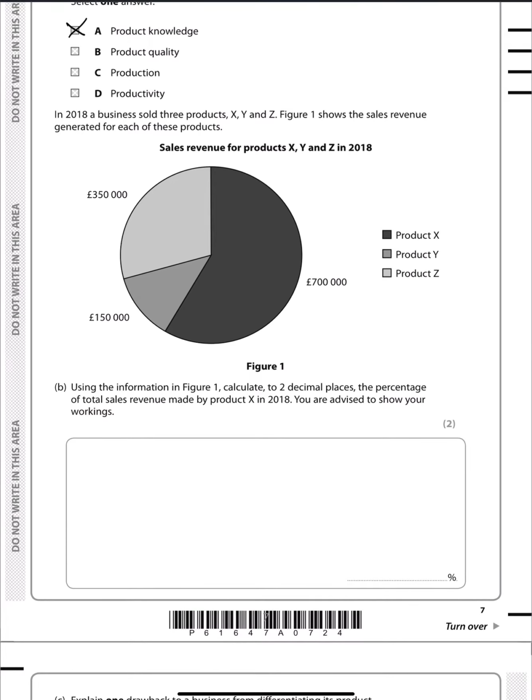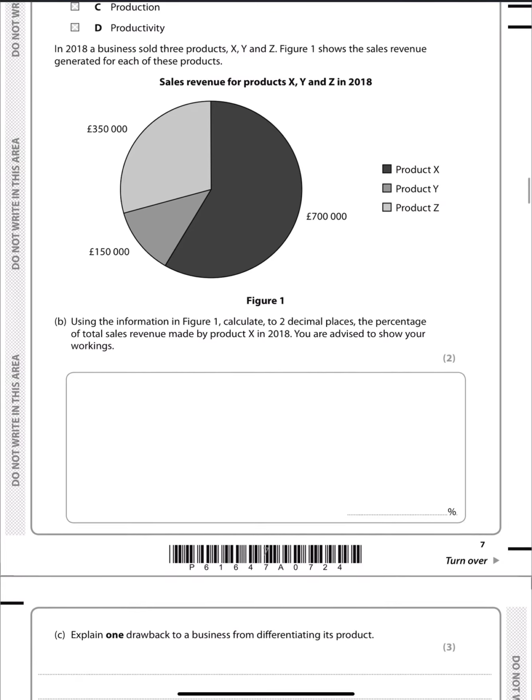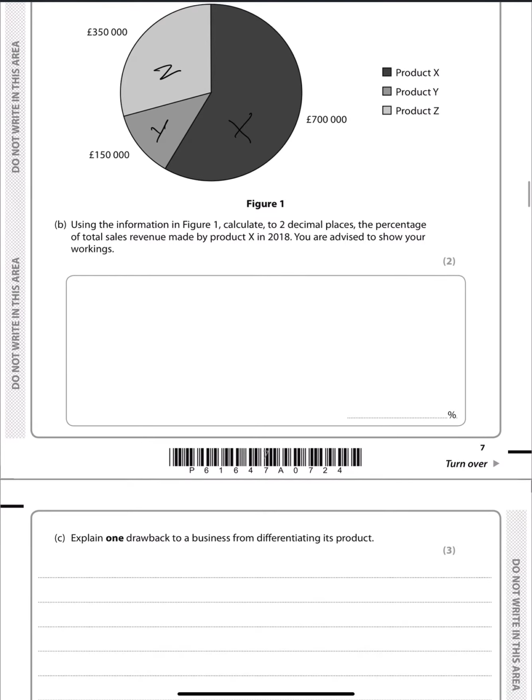Okay, part B. In 2008, a business sold 3 products XYZ. Figure 1 shows the sales revenue generated for each of these products. Okay, so this is for product X, this is for product Y, this is for Z. Using the information in figure 1, calculate to 2 decimal places the percentage of total sales revenue made by product X in 2008.